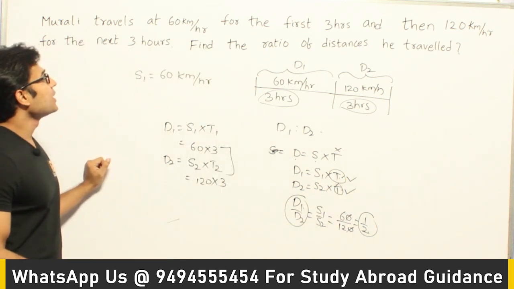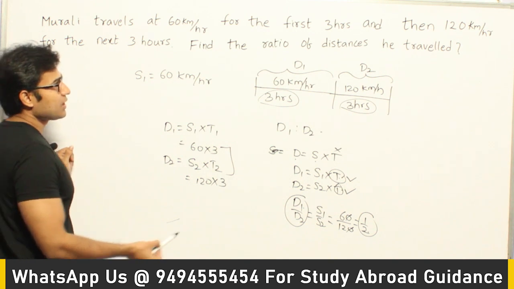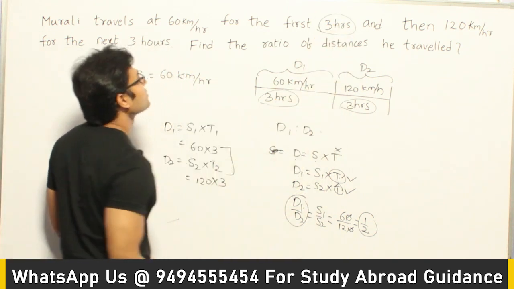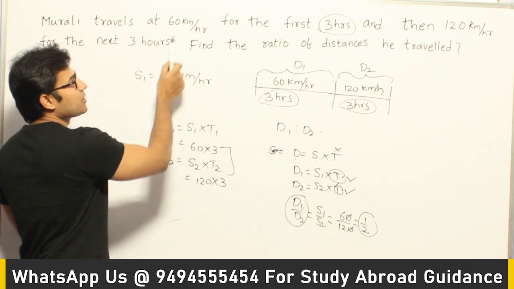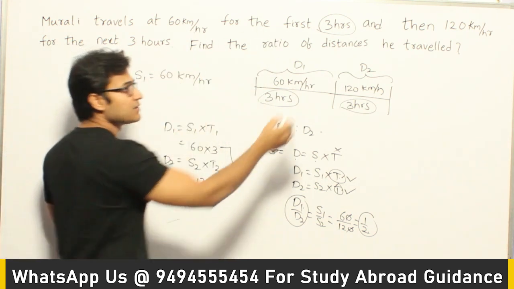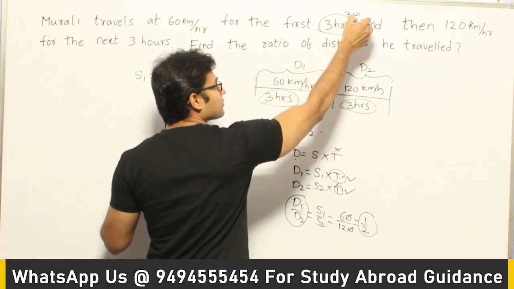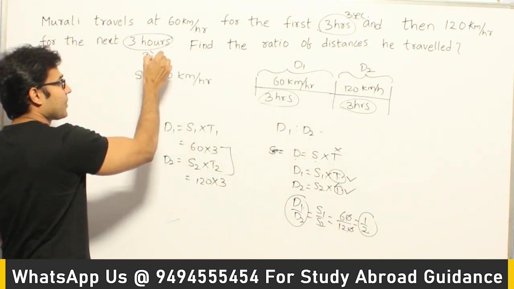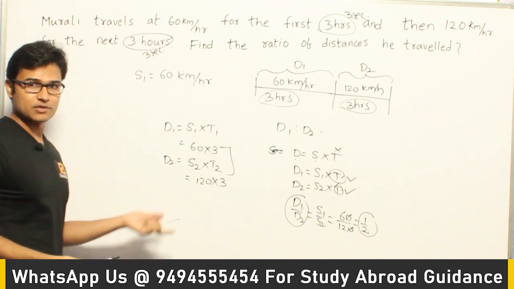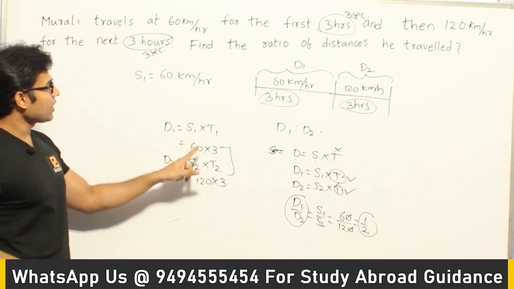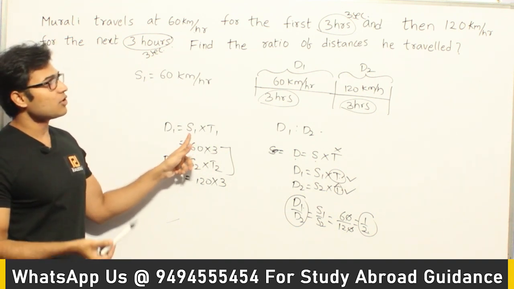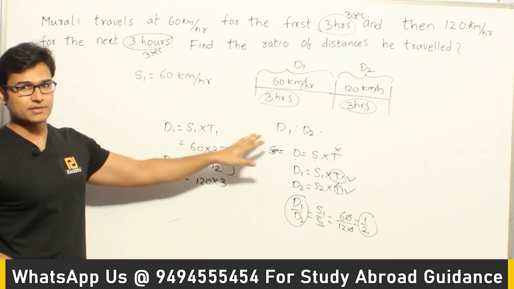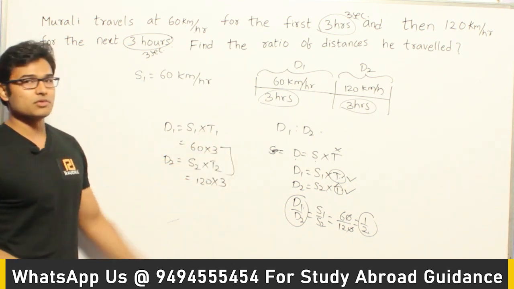How? Let us assume that instead of giving the time in hours, the time is given in seconds, say 3 seconds here and 3 seconds there, while the speed is in kilometers per hour. If you have not noticed that the time is constant, you will try to convert the speed into kilometers per second, multiply with seconds and find the answer, and do the same thing here also.